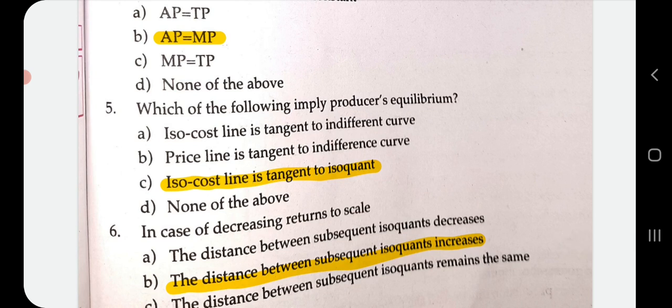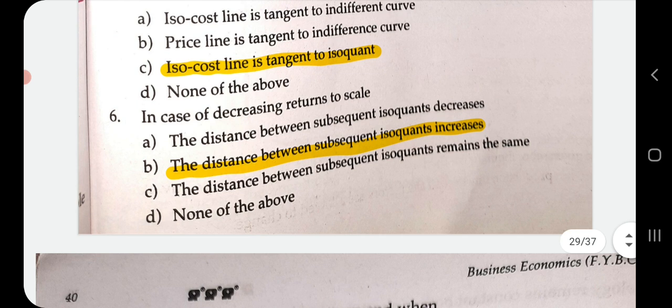Fifth question, which of the following imply producer's equilibrium? And the correct answer is C, isocost line is tangent to isoquant. At that point there will be a producer's equilibrium. Sixth question, in case of decreasing return to scale, and the answer is B, distance between subsequent isoquants increases.